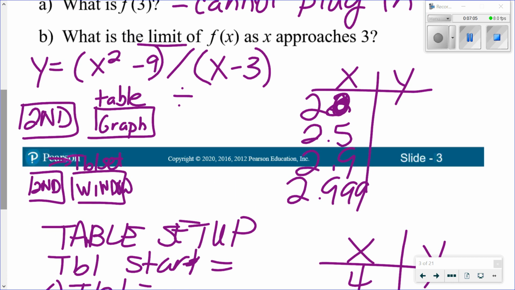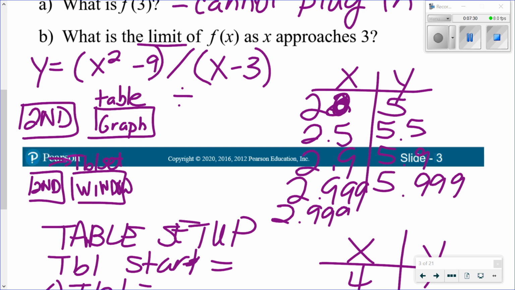So we put in 2, we get 5. 2.5, we get 5.5. 2.9, we get 5.9. 2.999, we get 5.999. Okay, and you might want to even put in more 9s after your 2. But what you should see is that as we approach from the left, we're trending toward 6.